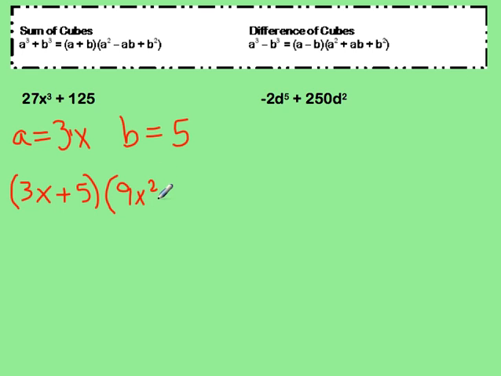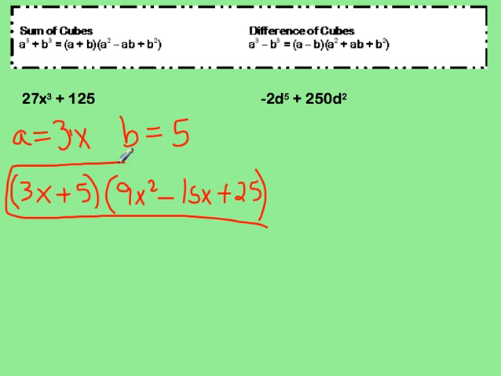And then it's going to be a minus sign. Notice there's a minus in there. And then A times B, 3x times 5 is 15x. And then I'd have plus B squared, that's going to be 25. And that's going to be my final answer for factoring.